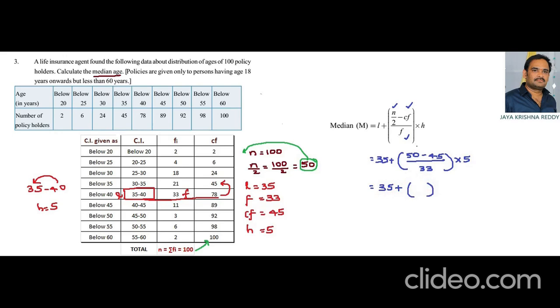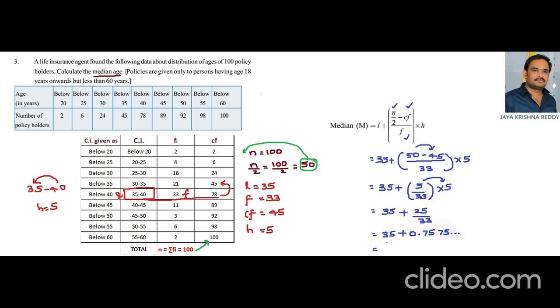Equals 35 plus, simplify the numerator, 50 minus 45 is 5, by the denominator as it is, 33 times 5. So it equals 35 plus, multiply the numerator terms, 5 into 5 is 25, by the denominator 33. So equals 35 plus 25 by 33, which is 0.7575 and so on.